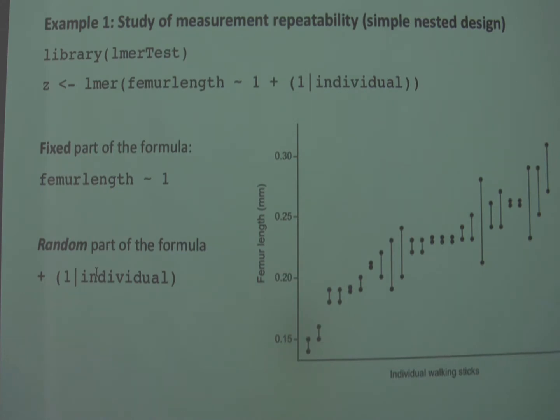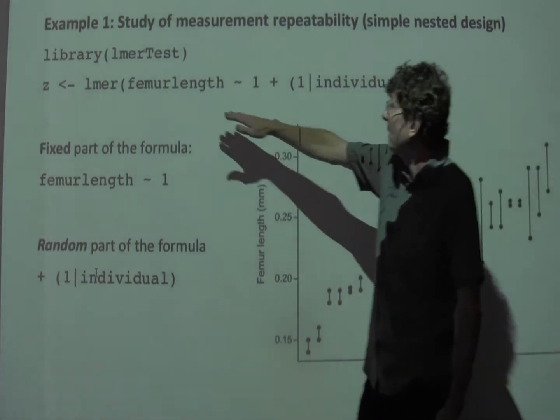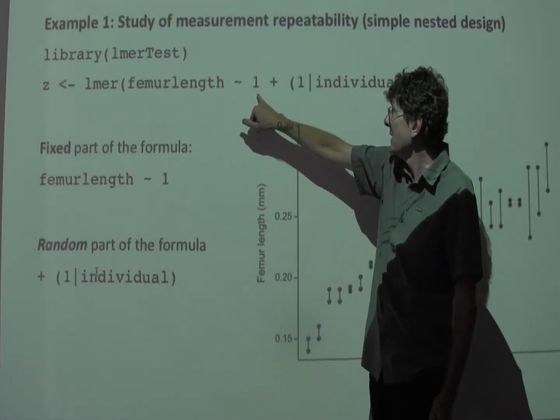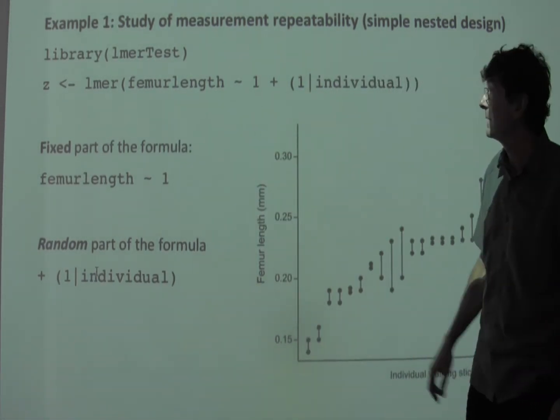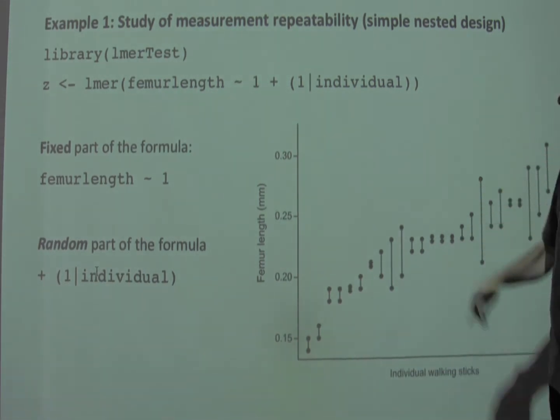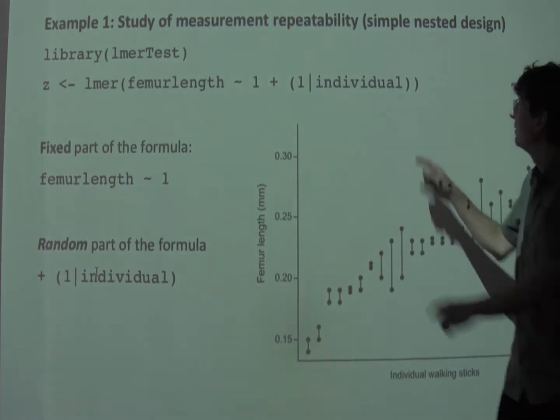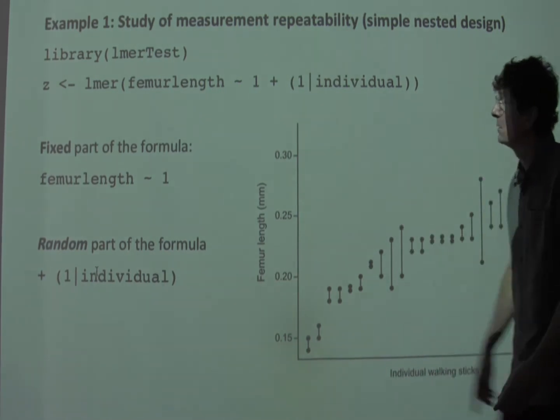So here's the construction of the linear model in R, if you use the lmerTest package. In lmer, the response variable is femur length. We model it as a constant, and that's the fixed part. And then the random part is modeled with parentheses and a vertical bar.